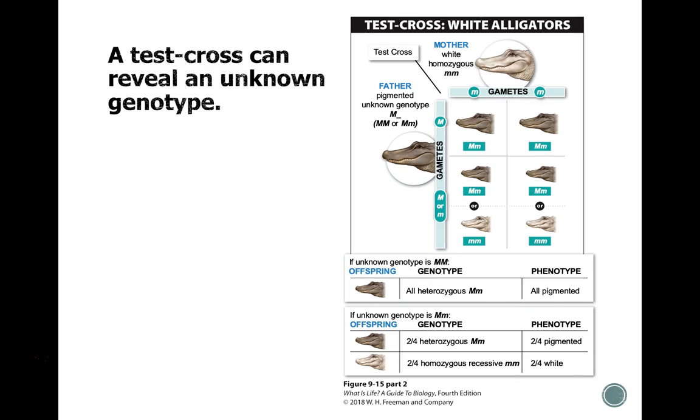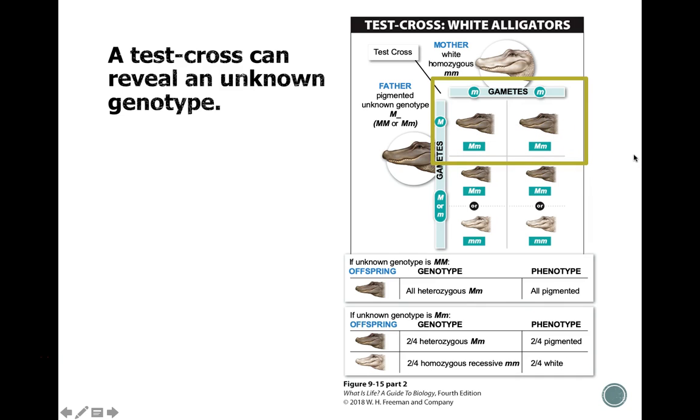So let's say that you cross this homozygous white female with a normally pigmented father, and you get all normally pigmented individuals. Now, this strongly suggests that that male was homozygous dominant, because all of their individuals were normally pigmented, which means all of those individuals are now heterozygous.